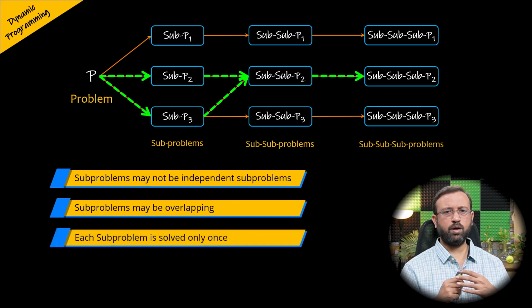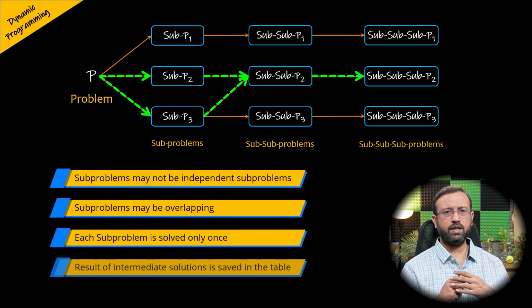Now, each subproblem is solved only once, and the result of the intermediate solution is saved in a table. This prevents unnecessary duplicate computations to obtain intermediate solutions. The series of subproblems is planned in such a way that the solution for each subproblem is obtained by combining the solutions to one or more subproblems that are already solved.